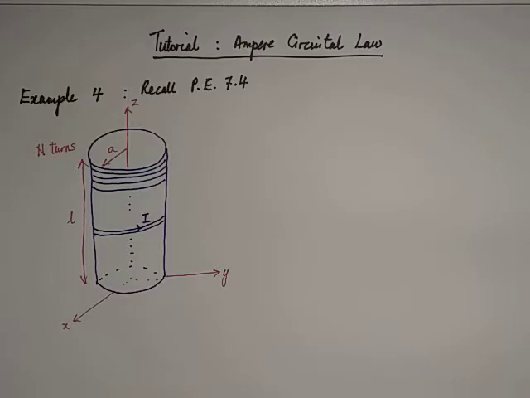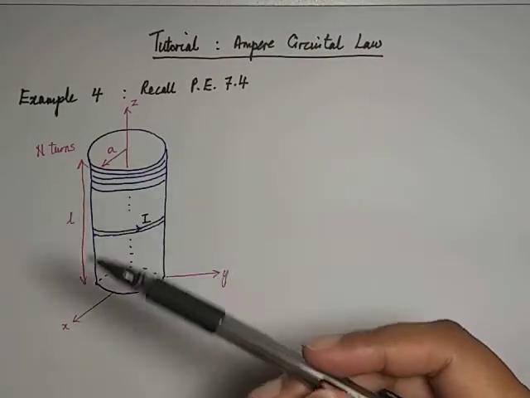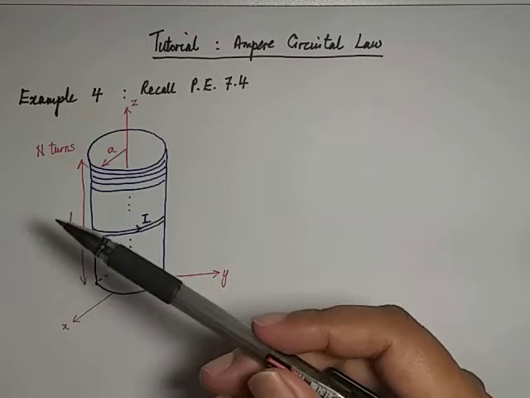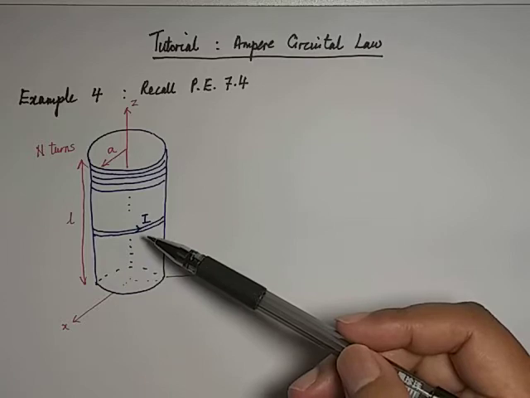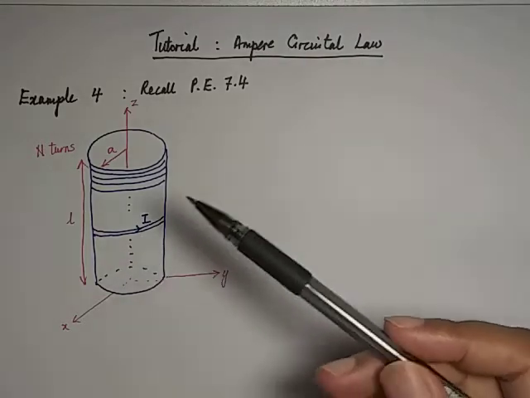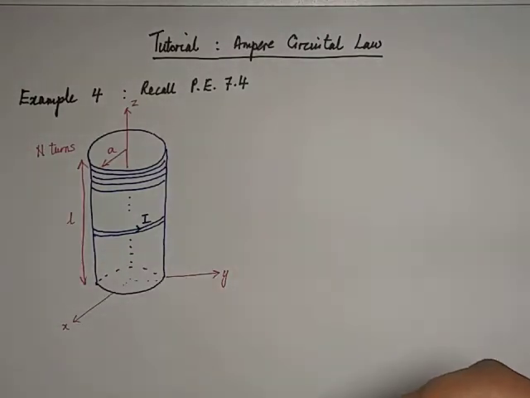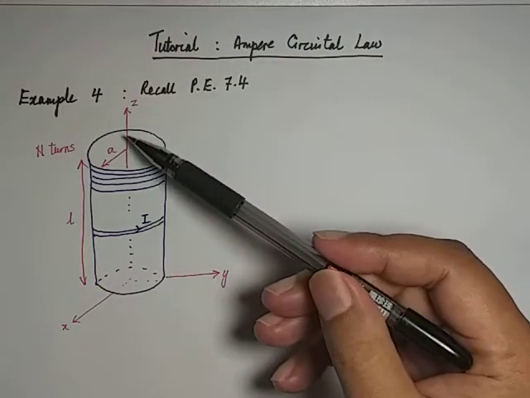This problem is actually taken from our Sadiku textbook, practice exercise 7.4, where you've been given a solenoid, and the structure as shown, radius A, length L, and the number of turns is N, and each conductor carrying current I. And then we managed to find the magnetic field intensity along the axis of this solenoid.